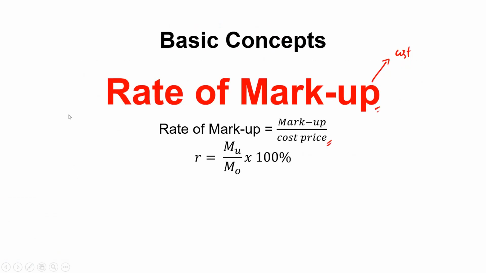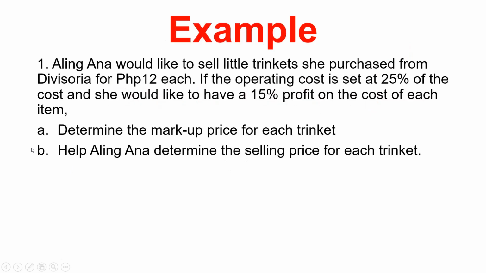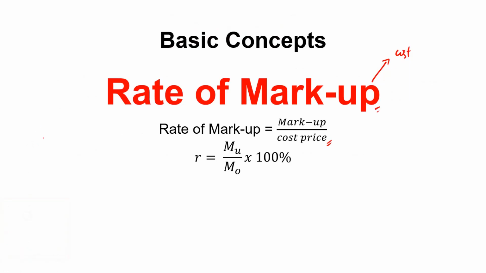Before we proceed to the word problem, let's just have the symbols, class. For the rate of markup, we have R. For the markup itself, M sub U. For the cost price, we have M sub O. Si operating price, class, usually ang ginagamit lang naman natin dito is OP or yung buong word na operating price.